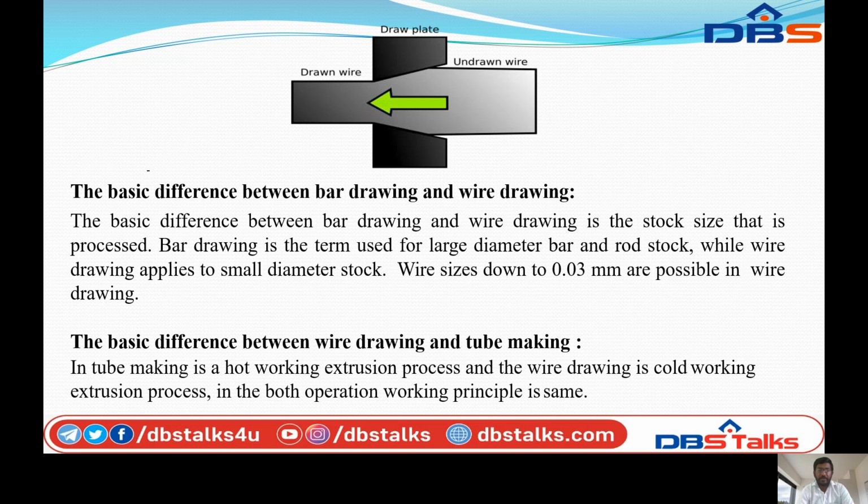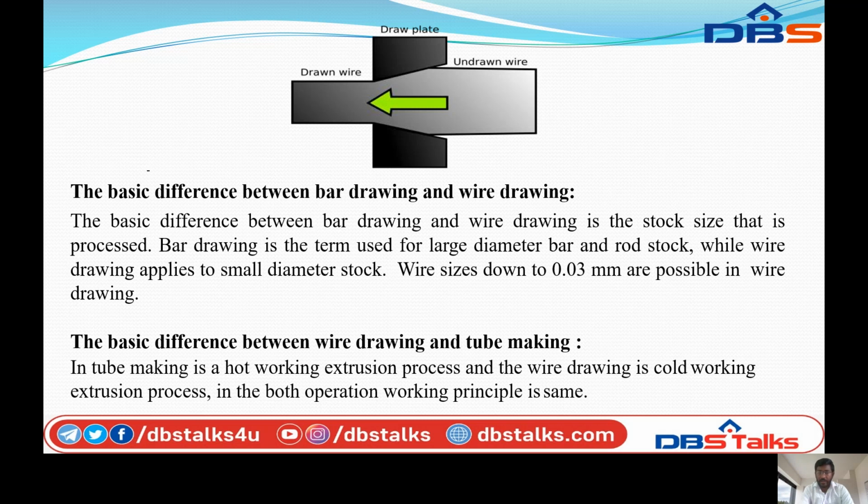The basic difference between bar drawing and wire drawing. What is the difference between bar drawing and wire drawing? The basic difference is the stock size that is produced. Bar drawing is used for large diameter bar and rod stock, while wire drawing applies to small diameter stock.